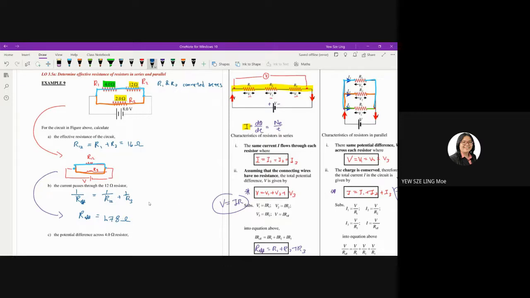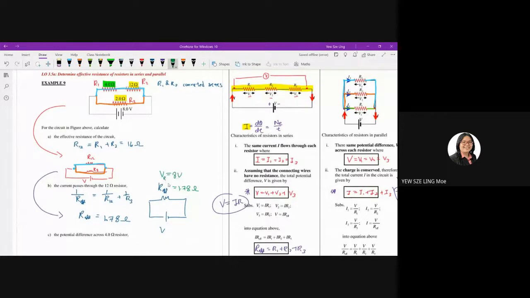After you combine them, you will have a diagram that looks like this. This is your V still, and this is your R effective. Based on this diagram, R effective is equal to 1.78 ohm. Because R effective and V are arranged in parallel, V is equal to 8 volt.